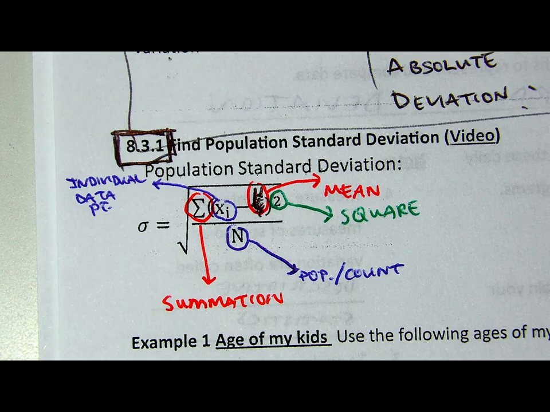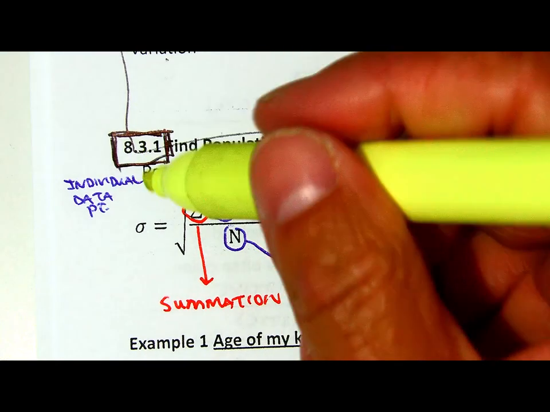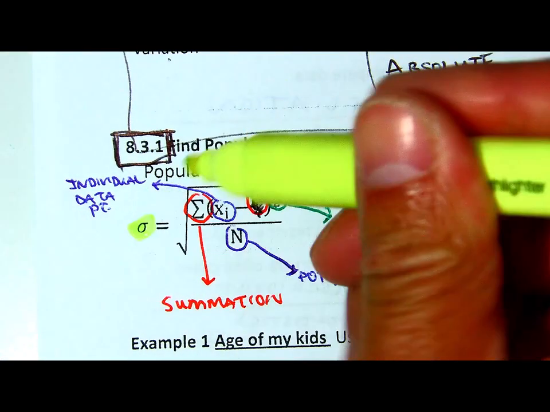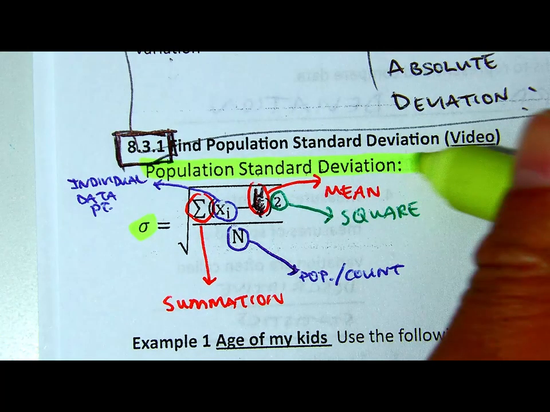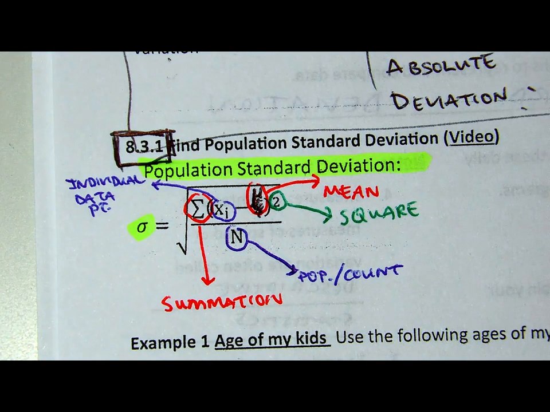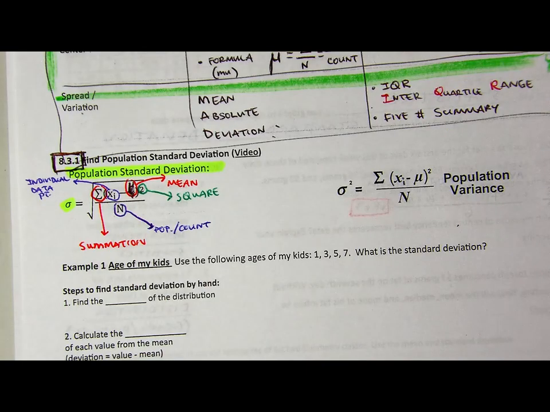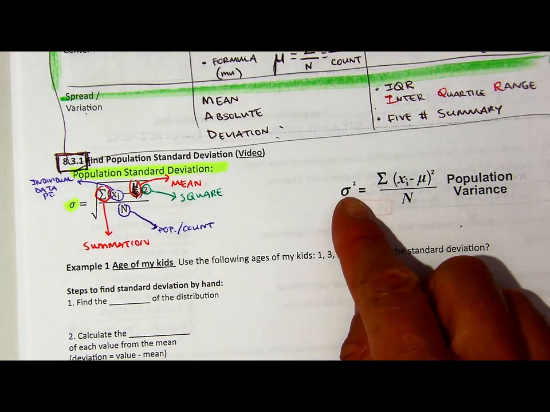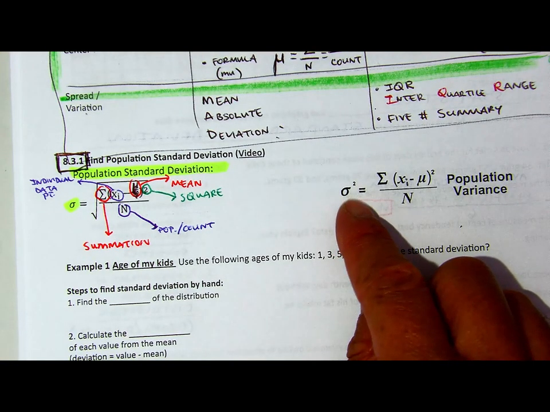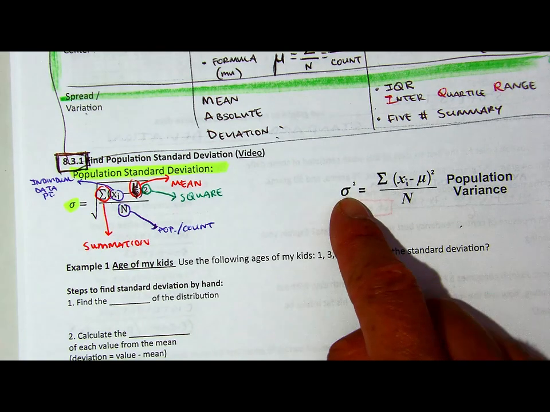And the last one, this is a lowercase sigma. It's an O with a tail. This is your population standard deviation. Green chairs, what is this symbol called? Sigma. It is sigma.